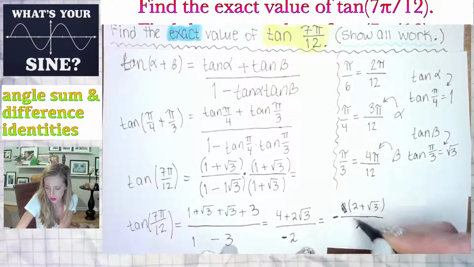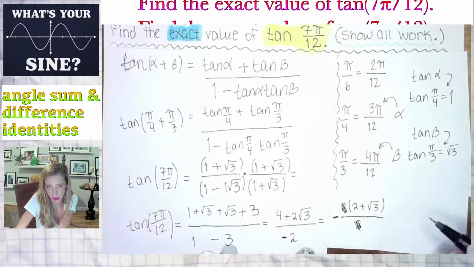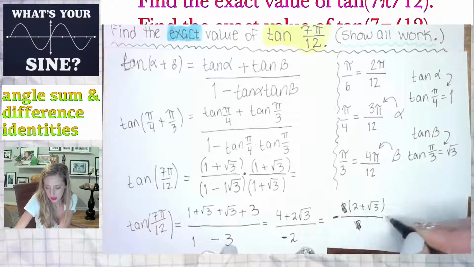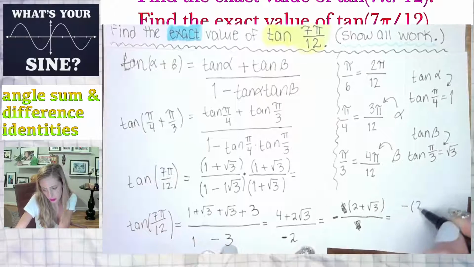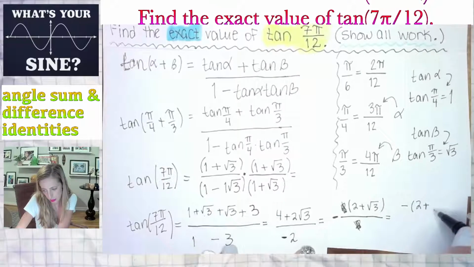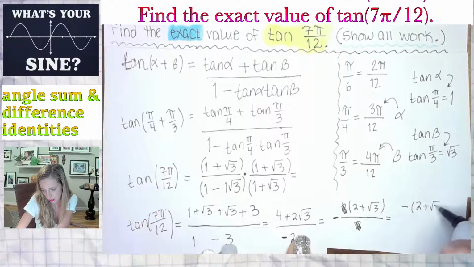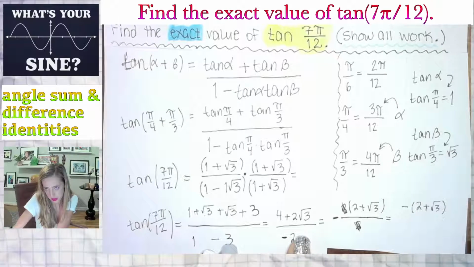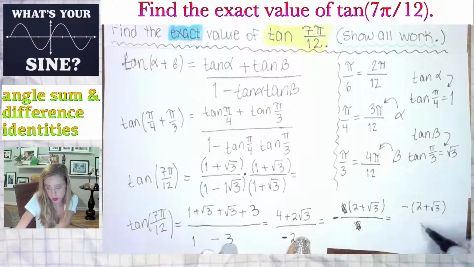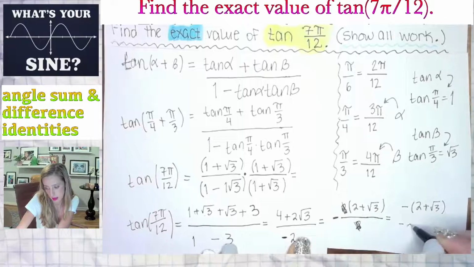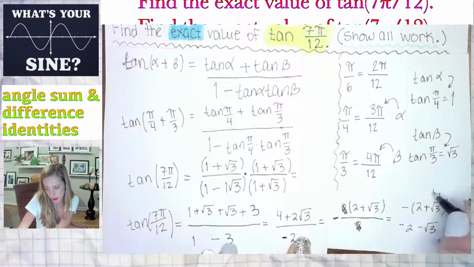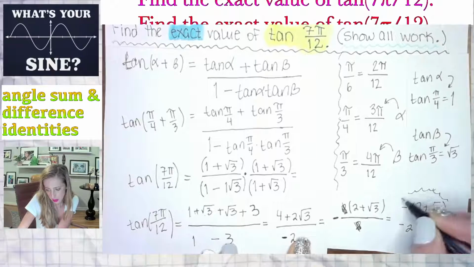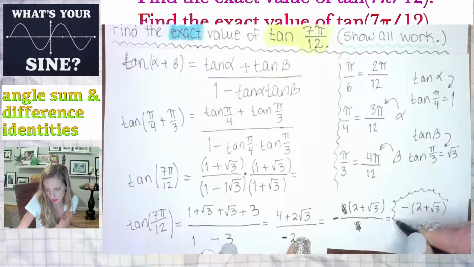This 2 and this 2 reduce down to a 1. Then the negative is left. I could either write this as negative 2 plus square root 3 in parentheses like that, or I could distribute that negative and write this as negative 2 minus square root 3. Either answer is good.